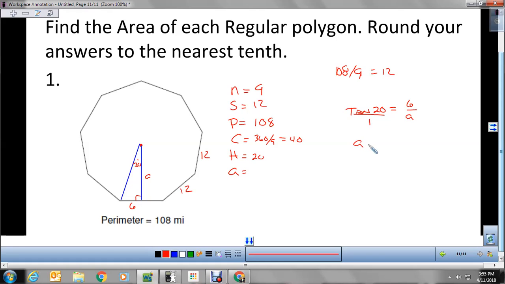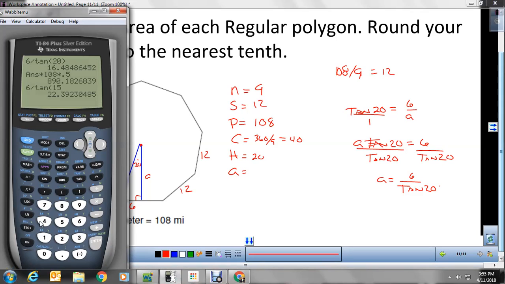Cross multiply. A times the tangent of 20 is equal to 6. Divide by the trig function of tangent 20, and we get A is equal to 6 divided by tangent 20. So in our calculator, we're going to calculate this value and round off to the nearest 4 decimal places.